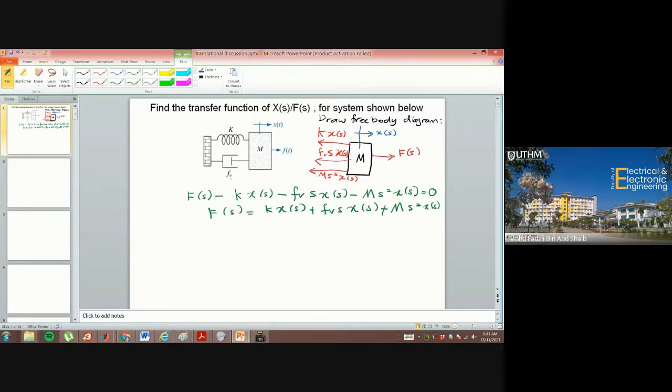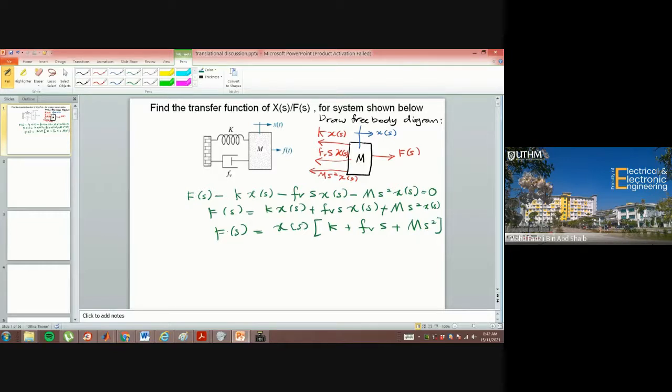So now what is the question? XS over FS. FS equals XS collected on one side: K plus FV S plus M S squared.